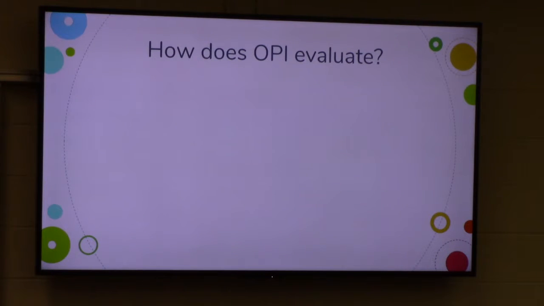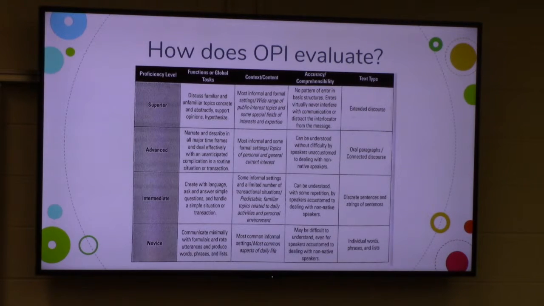I'll show you this one. Let's talk about how this oral proficiency interview evaluates learners, how they use these benchmarks to determine which level they are at. I think the most important part I've learned from the OPI is this chart, this rubric.